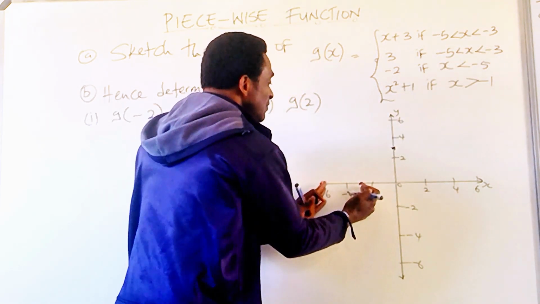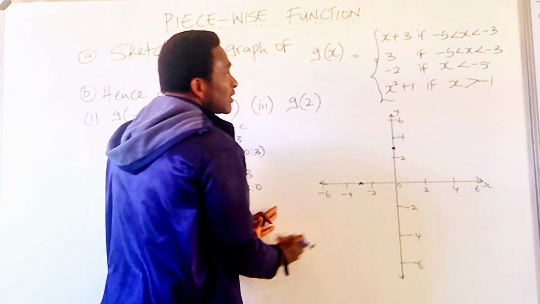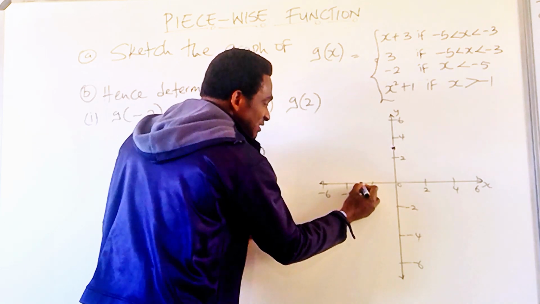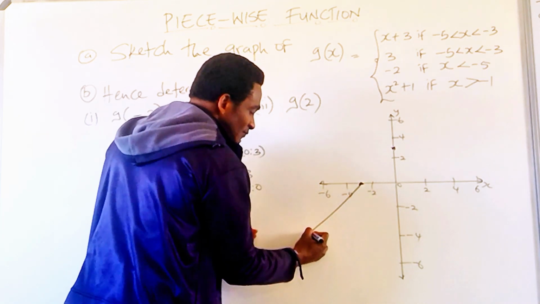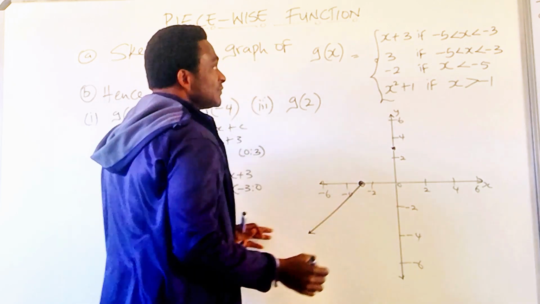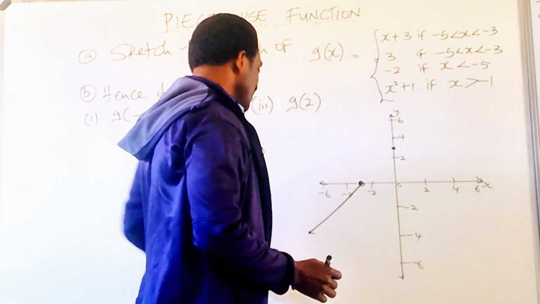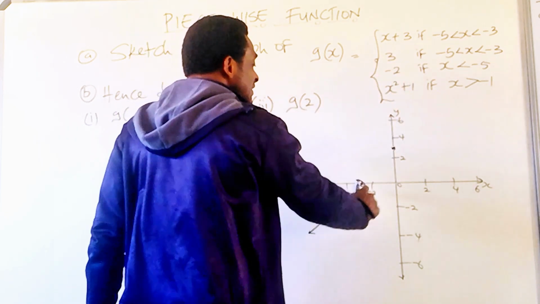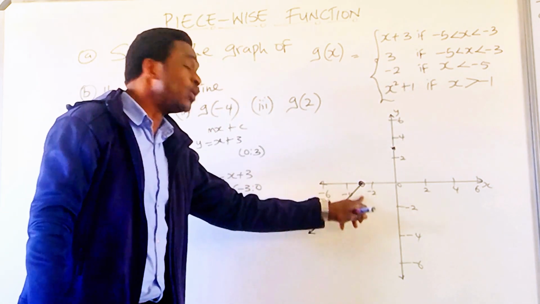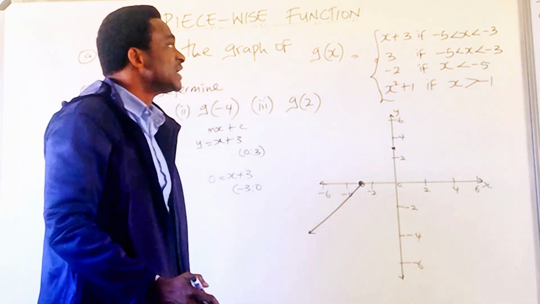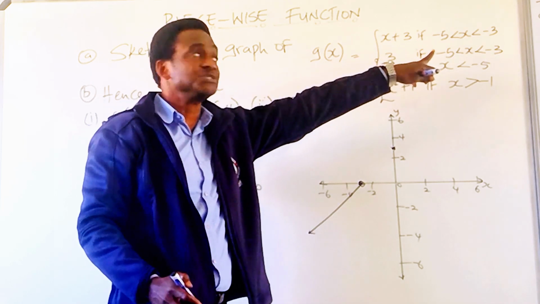So it must be between -3 going down to -5. So I can only sketch this part of the graph. So remember, it is greater than -5. That means it will go all down, but it is less than -3, hence the open dot here. So this is the graph. Every other part cannot be sketched because we have a restriction.